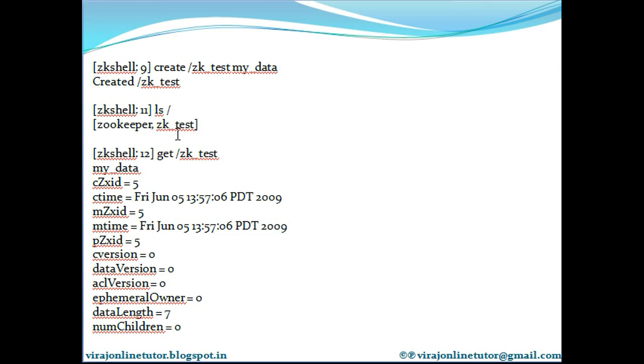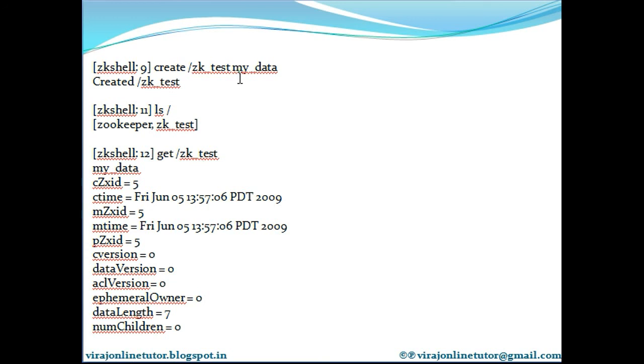Now let's verify whether the data string that I asked to associate with zk_test has actually been associated or not. We can get that by using a command called get followed by the folder name. So get zk_test. It gives you the entire data that is associated with node zk_test.